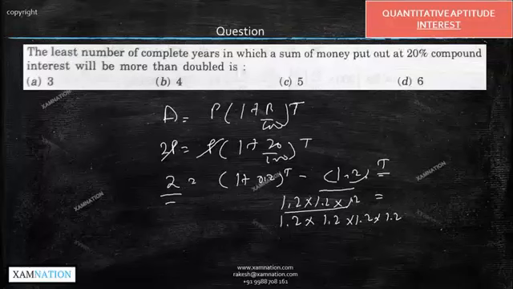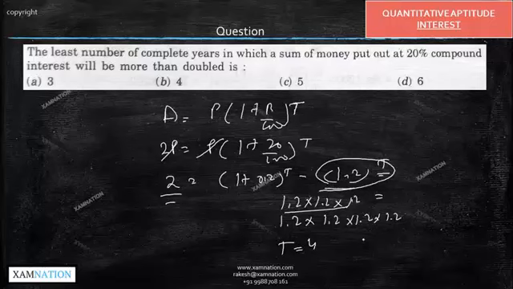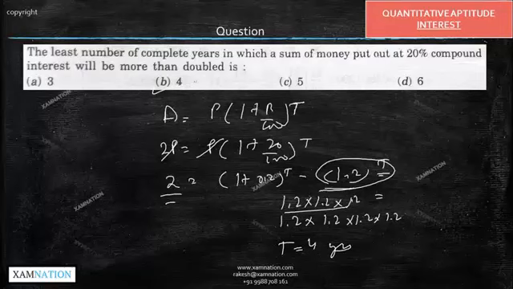It will be kind of hit and trial, and the correct answer is when T is 4, this will be more than 2. So the minimum time needed is 4 years, so D is the correct answer.